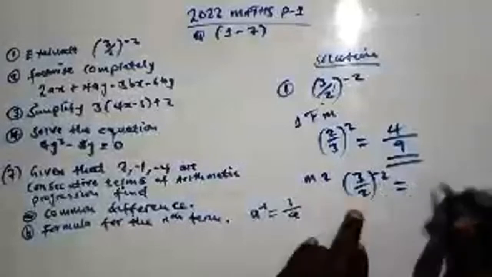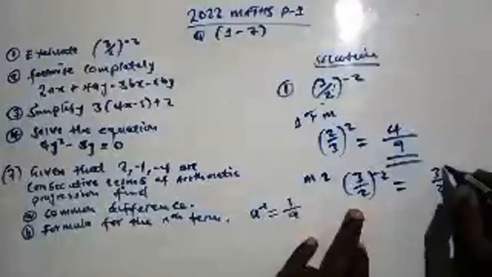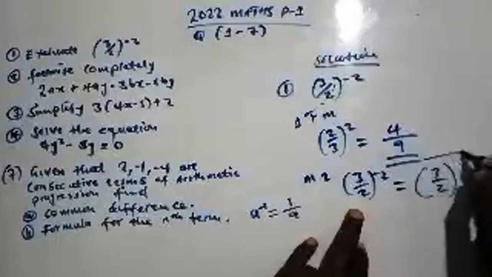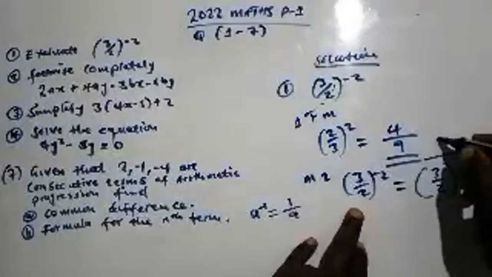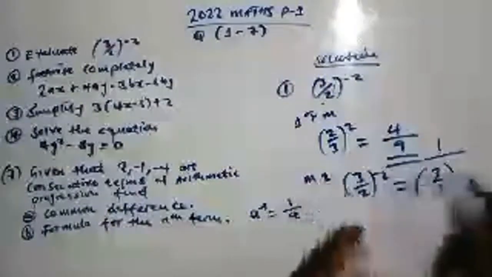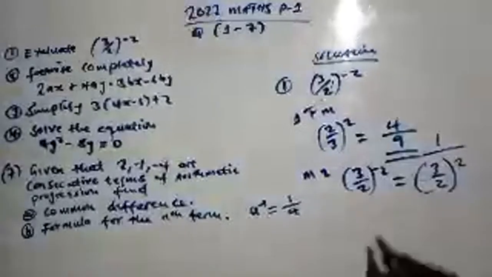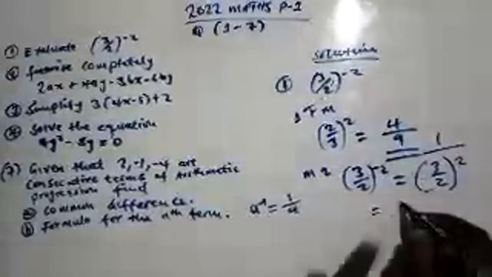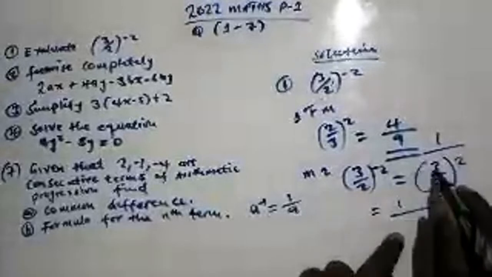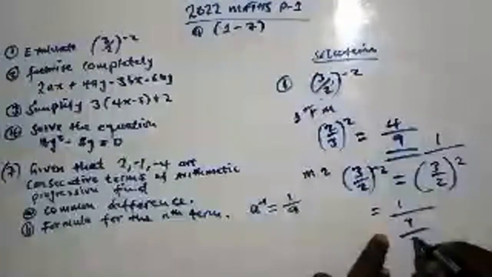Okay, in which we're going to say 3 over 2 in brackets, then it will be 1 over this one to cancel this negative which we have, which is the power 2 here. Okay, in which it will be 1 over 3 squared, it is 9 over 2.